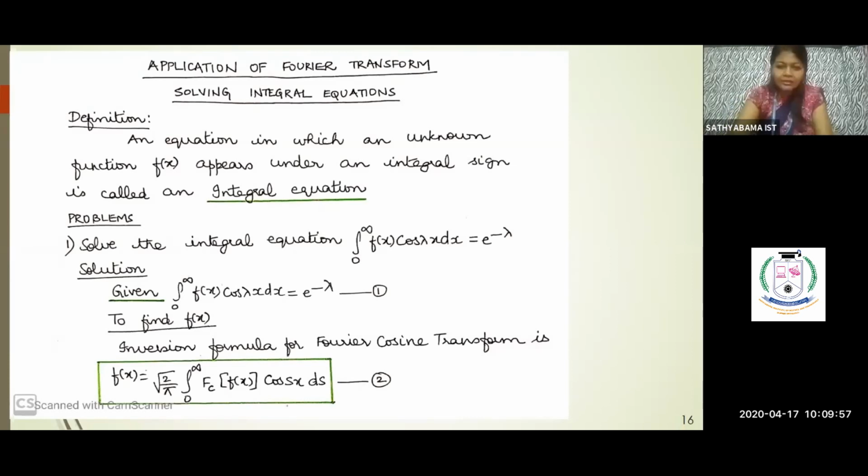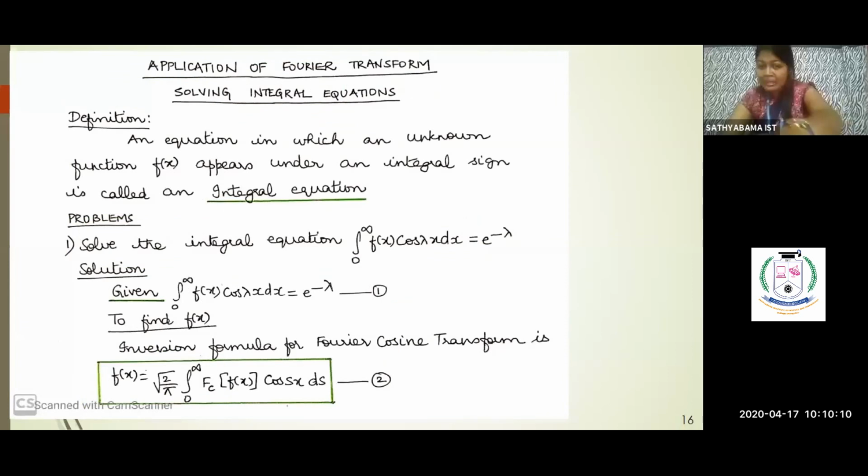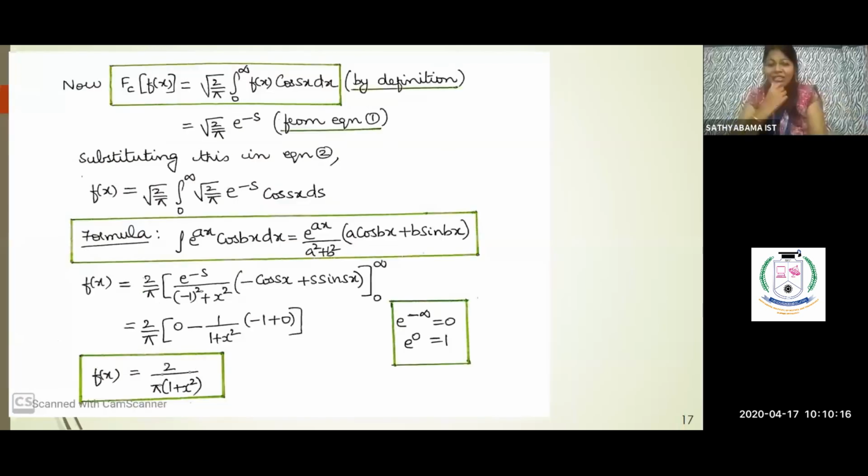So I'm going to use that here. What is integral 0 to infinity f of x cos sx dx? See, the question says integral 0 to infinity f of x cos lambda x dx is e power minus lambda. So what is integral 0 to infinity f of x cos sx dx? It is e power minus s. Have you understood? This is from the given equation.